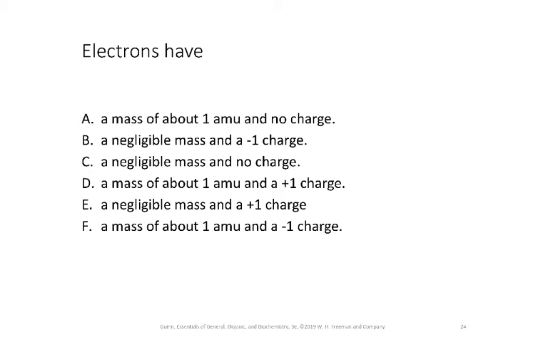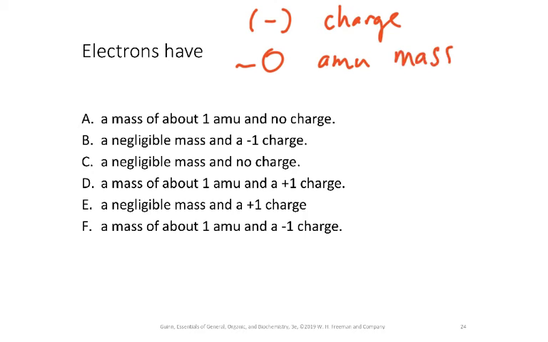Electrons have what? What's the charge? Minus charge. What's the mass? Negligible mass. It's obviously not 0, but it's so much smaller than the other two that we call it negligible.